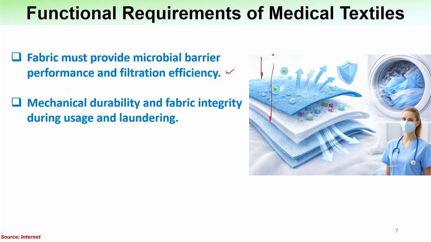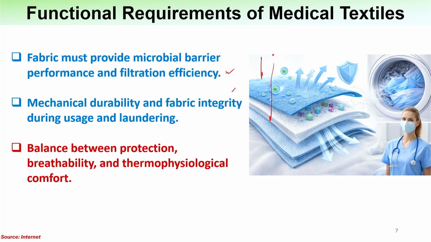Mechanical durability should be there; during usage or laundering, the fabric's integrity should be maintained. A balance between protection, breathability and thermophysiological comfort should be maintained. So, protection should be there, but at the same time it should be breathable and thermophysiologically comfortable.